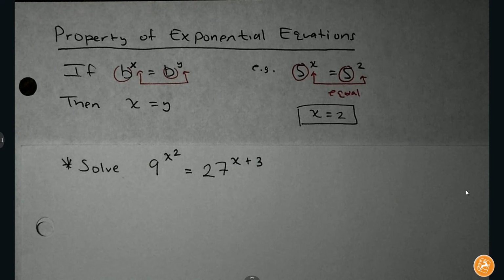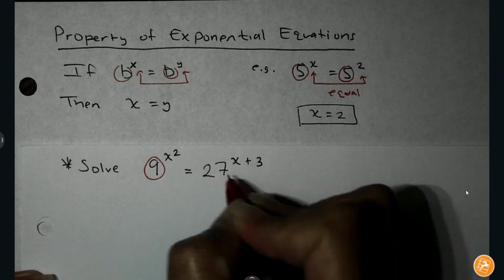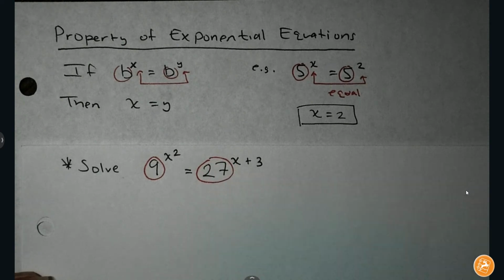When it comes to solving exponential equations, it would be really nice if we can fix both the left side and right side in terms of the same base. And in this case, we can. So the bases that we currently have are 9 and 27. When I see base 9, I'm going to ask myself, can I easily fix it so both sides are written in terms of base 9?